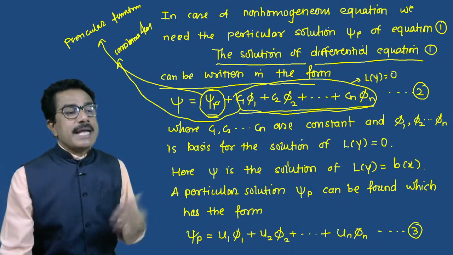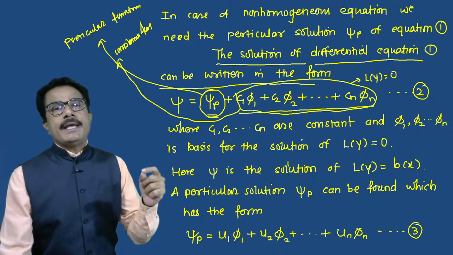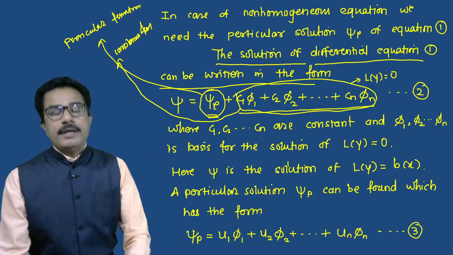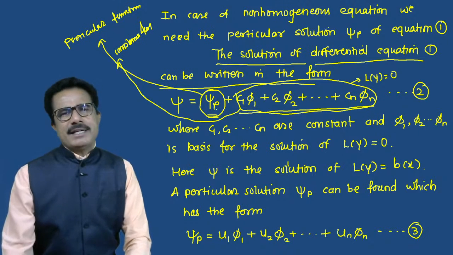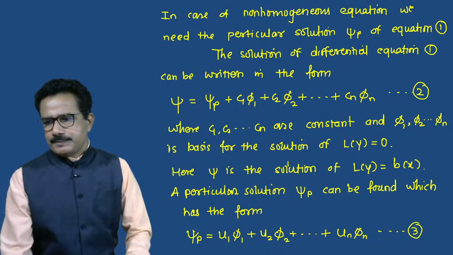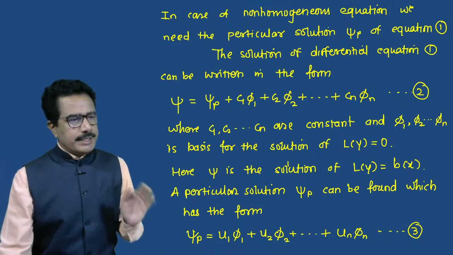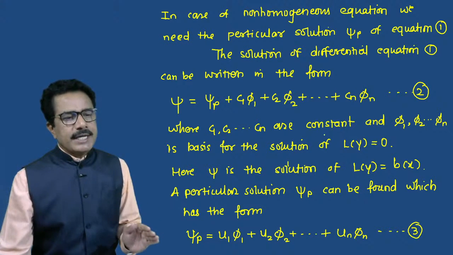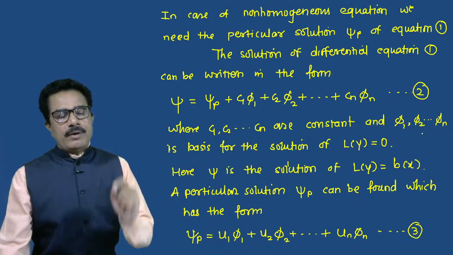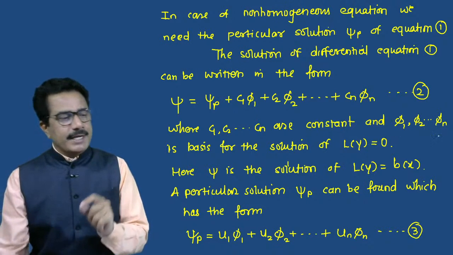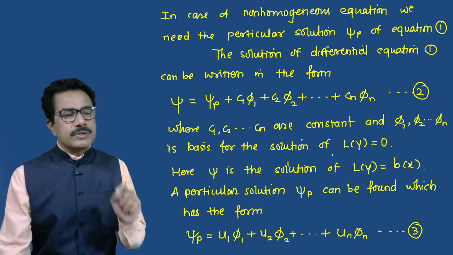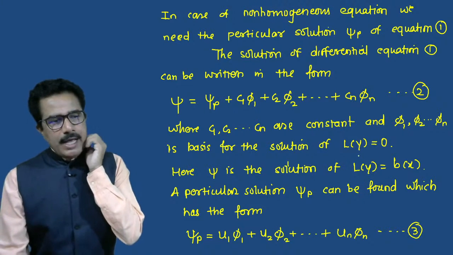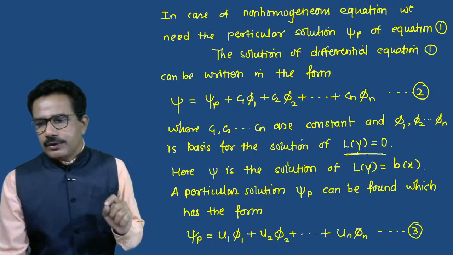And this part psi p can be obtained by taking L of y equal to b of x, which we have already seen in chapter 1. Now see this, where c1, c2 dot dot dot cn are constants, and phi 1, phi 2 dot dot dot phi n is the basis of the solution of L of y equal to 0. Now L of y equals 0.